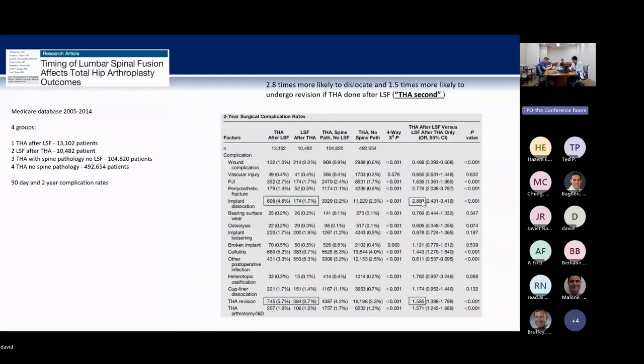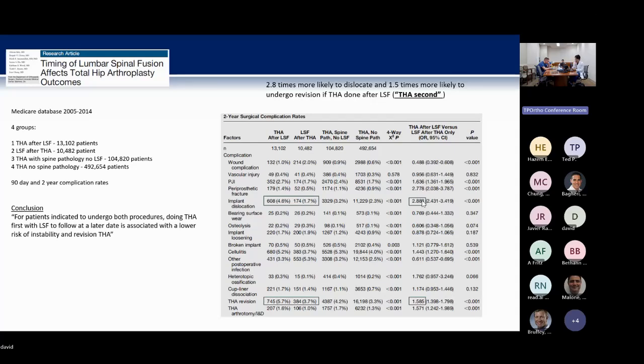This paper showed the exact opposite, looking at the Medicare database stratifying by which one was done first. They analyzed the dislocation and revision events and showed that doing the hip first had lower dislocation.